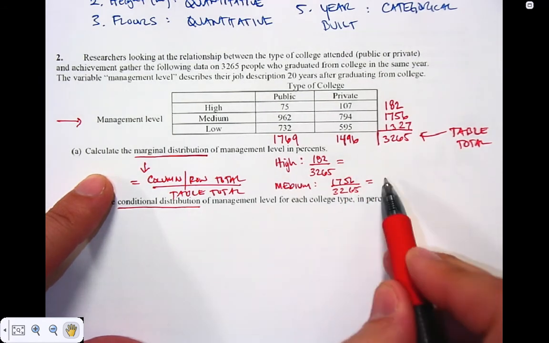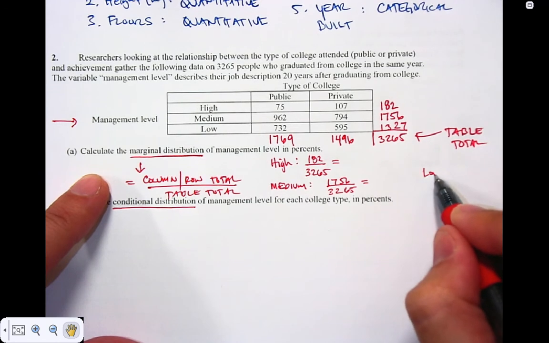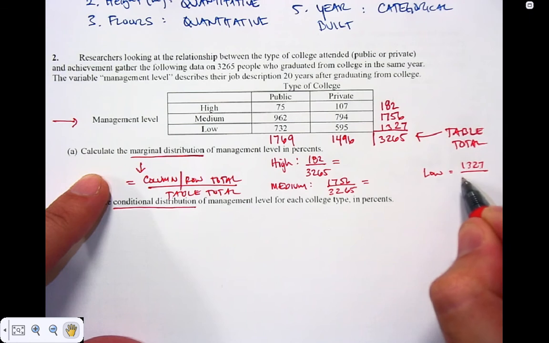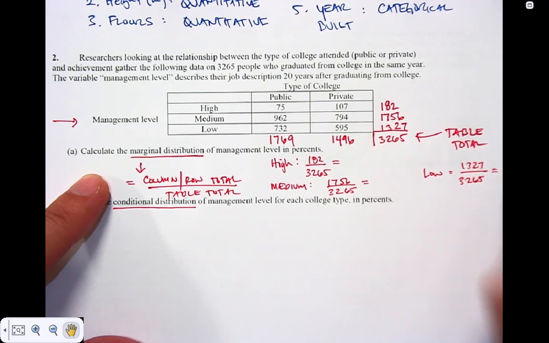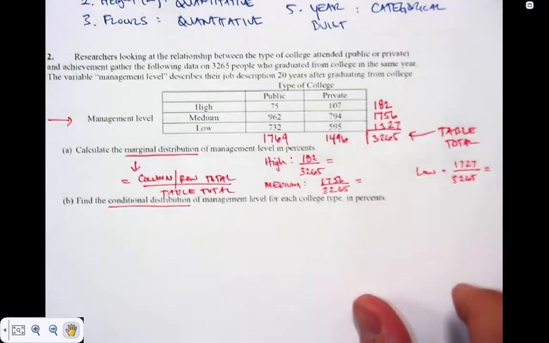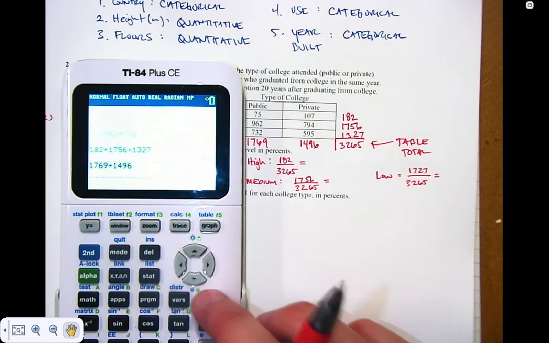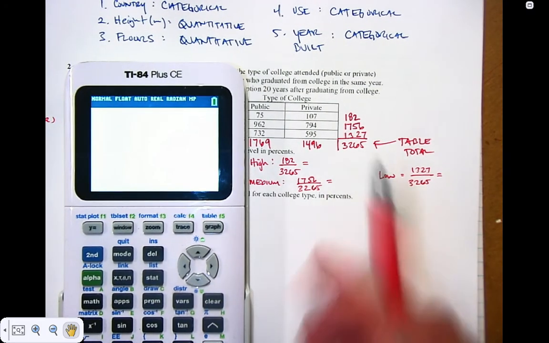We're going to get percents here. And our last one would be low, which would be a total of 1,327 out of 3,265. To address the decimals, we will probably just go to one decimal.